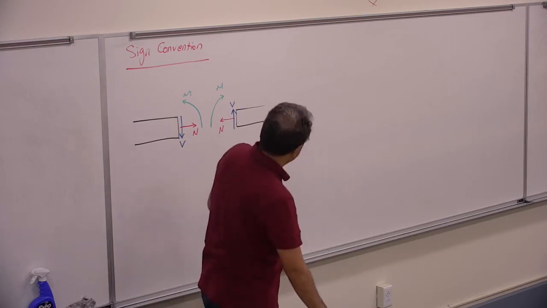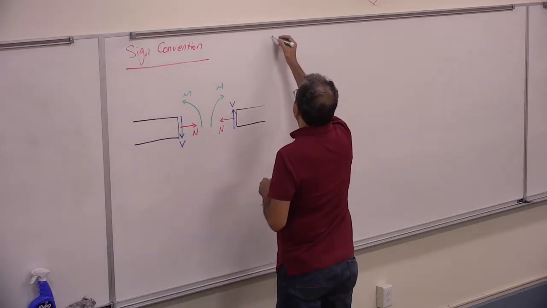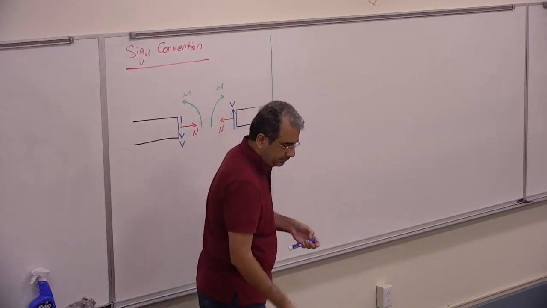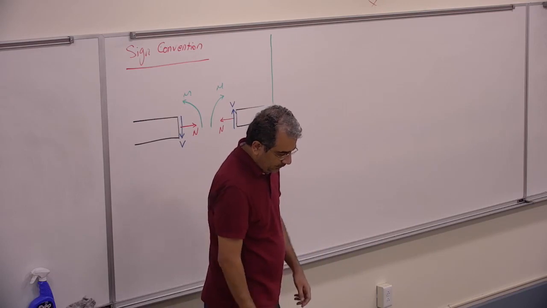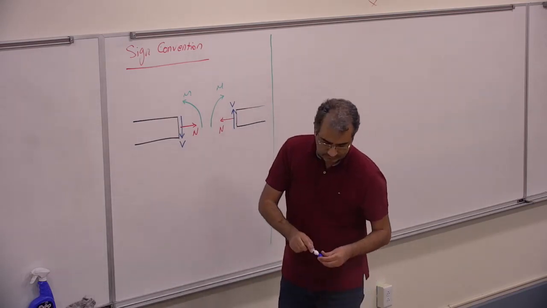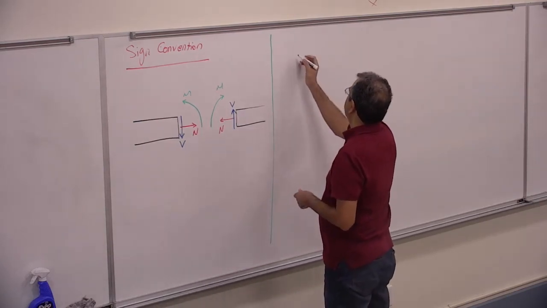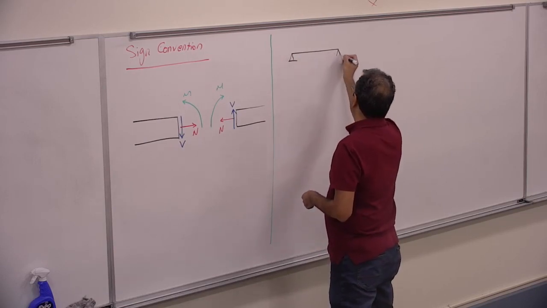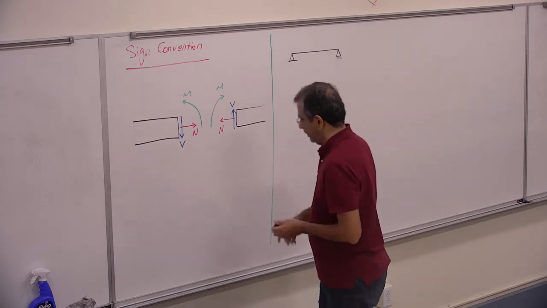So let's look at an example. Have a beam like this. Let's start with a simple example, and then we'll go on.